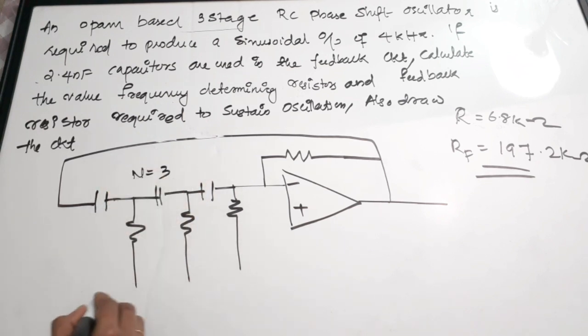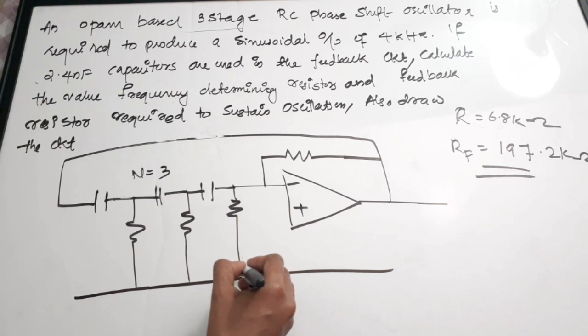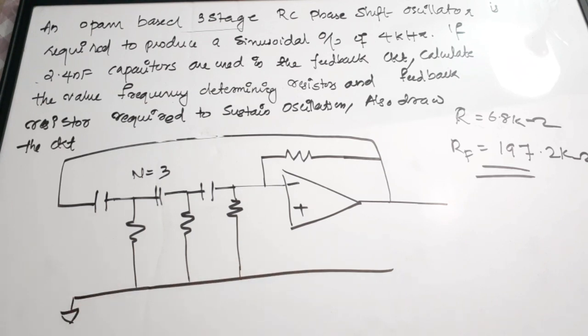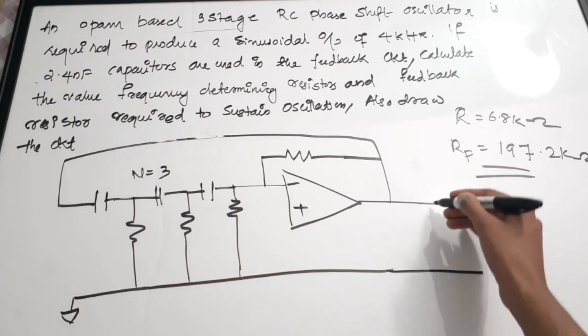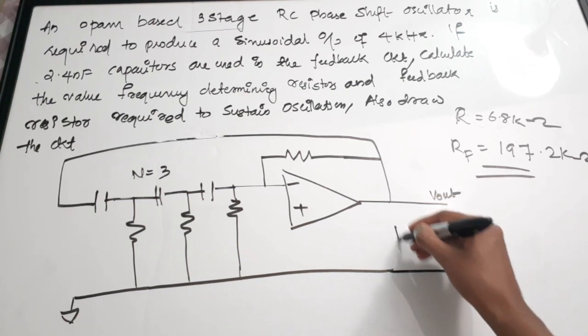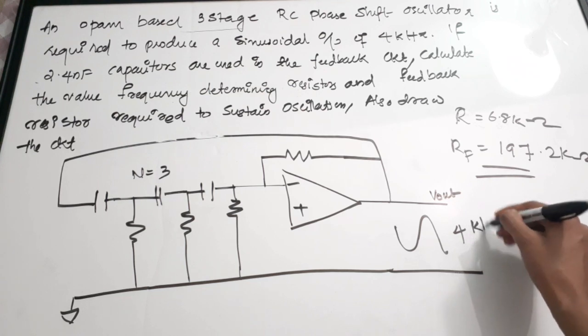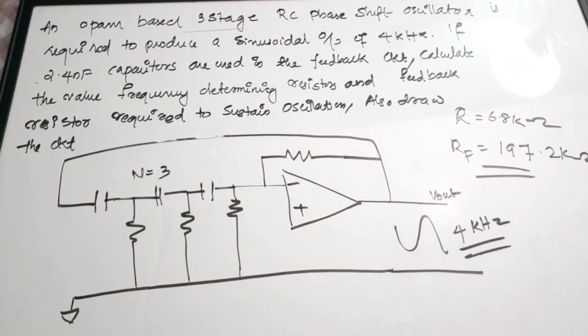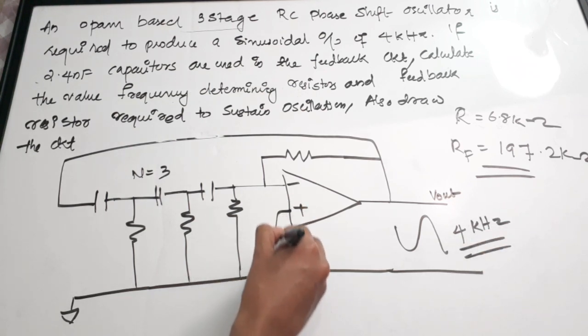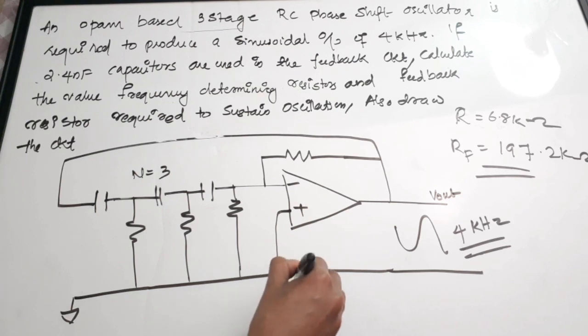Now all these stages are connected to 0 volt, or we consider this as ground. We are taking the output across this Vout. We'll be obtaining our waveform here, and it has a frequency of 4 kilohertz. Okay, so I think everything is now clear to you. This is again connected to 0 volt.